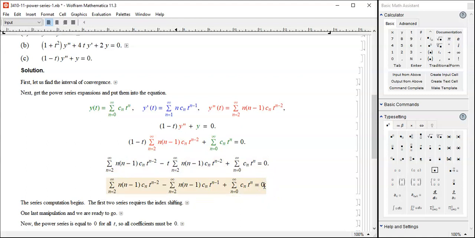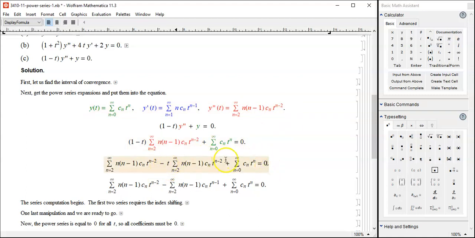Is everybody comfortable with all these computations here? Original, first derivative, second derivative, the usual deal. Power series, term by term derivative, and then another derivative. Original ODE, and plug those in. And then distribute.